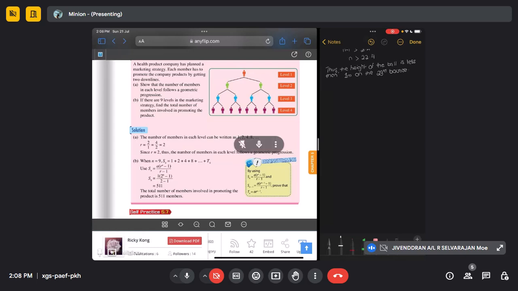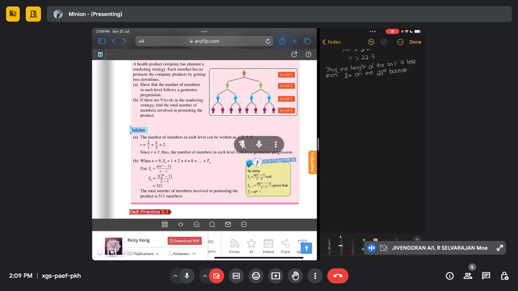Okay, the next question. If there are 9 levels in the marketing strategy, find the total number of members involved in promoting the product. So they say 9 levels. That means our n is 9. Our aim is to find S9.